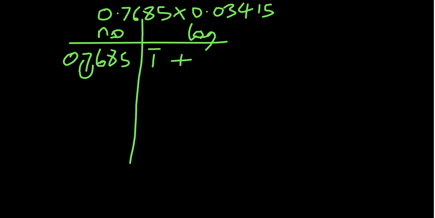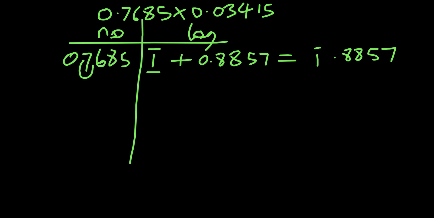If you have 76 under 8 difference 5, you're going to get 0.8857. So if you combine the two, it will give you about bar 1.8857. If you noticed, the negative sign of bar 1 did not affect the mantissa, so they are going to exist separately.